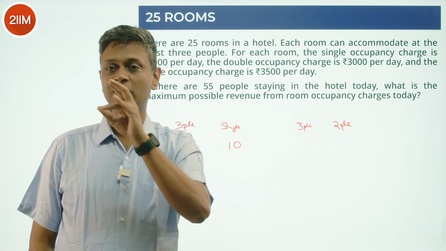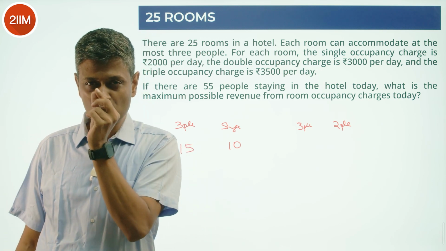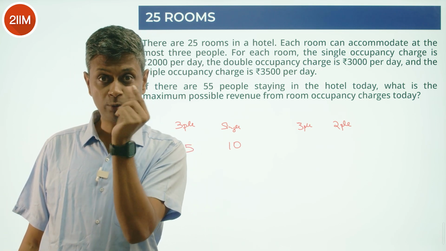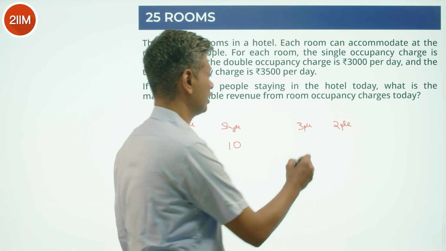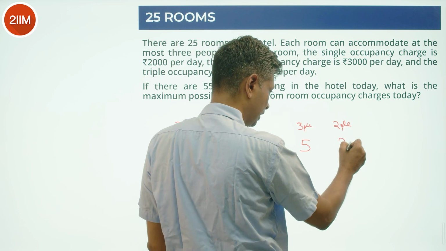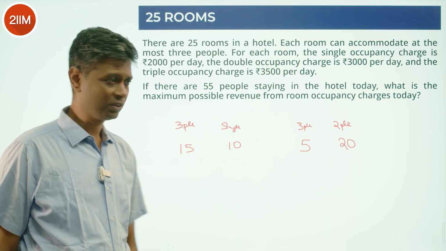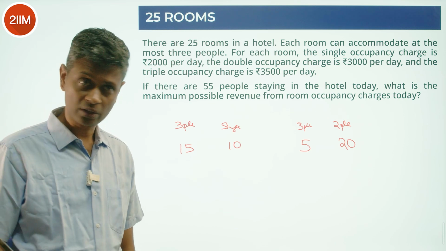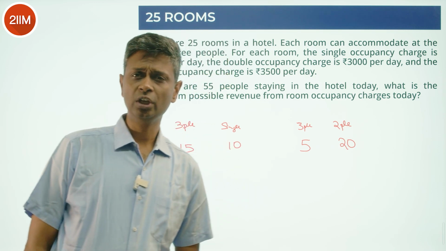That means from 2 to 3, we're adding 1 extra person. So each room that goes from double to triple will increase the number of people by 1. I have 55, so I should have 5 like this and 20 like this. Think about this. 15 into 3 is 45 plus 10 into 1, 55. That works. 5 into 3 is 15 plus 20 into 2, 40. This works.